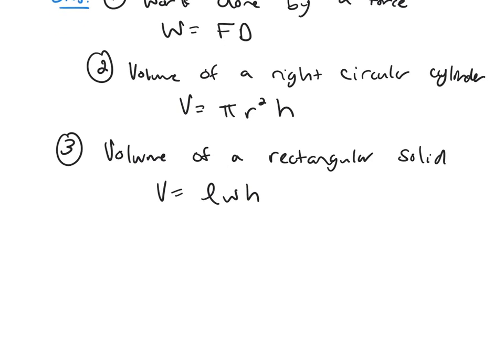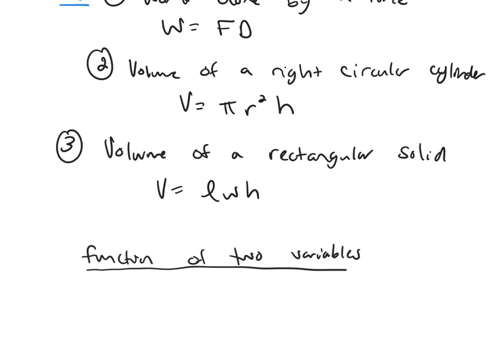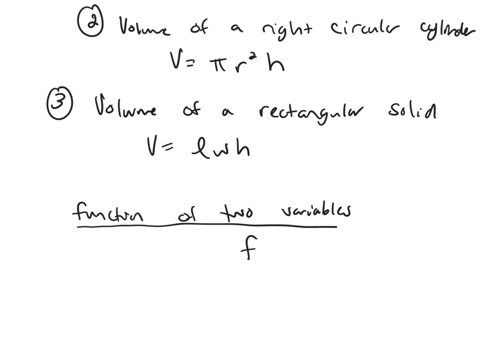So we're going to primarily focus on these two possibilities. We have a function of two variables. So in that case, our two variables are going to be x and y, f of x y, and we'll say that this equals z.